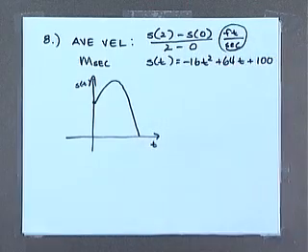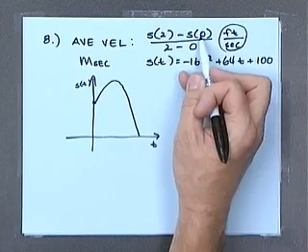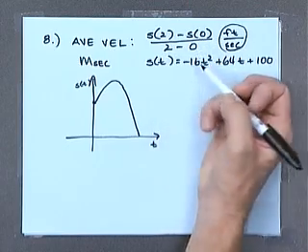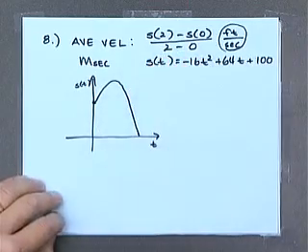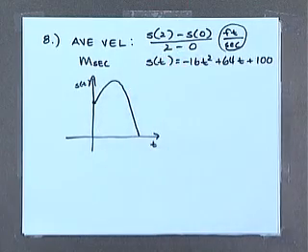So a lot of times if you're not sure in a problem what to do, pay attention to the units and work from the units back to what might get you those units. We want difference in height or difference in position over difference in time. And that's an average. So it gives us, let's see, where is it at position 2, 164 feet?